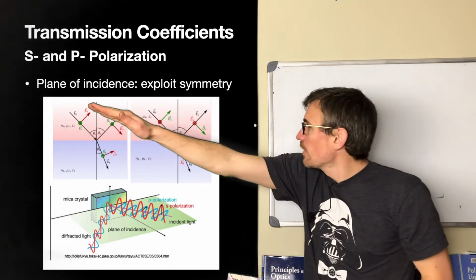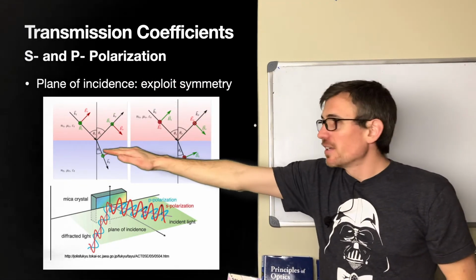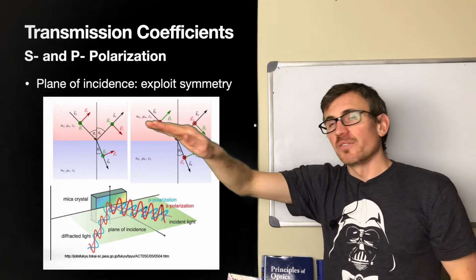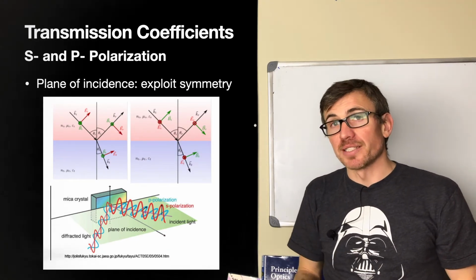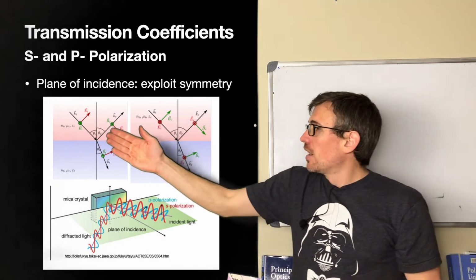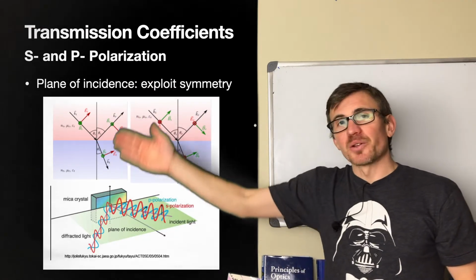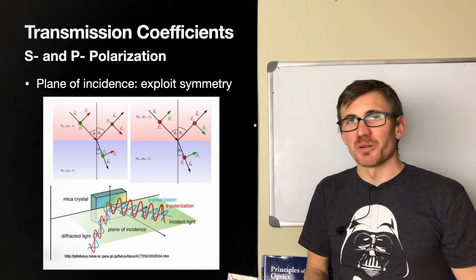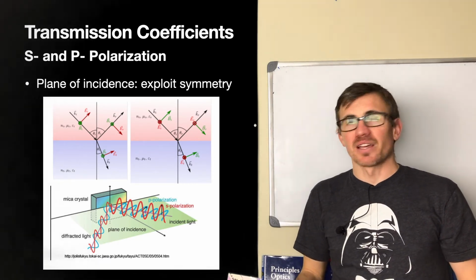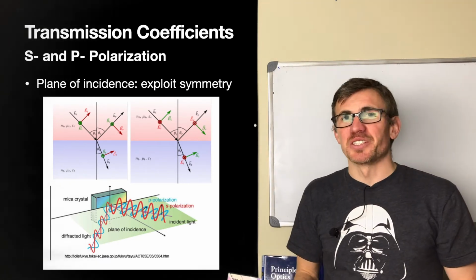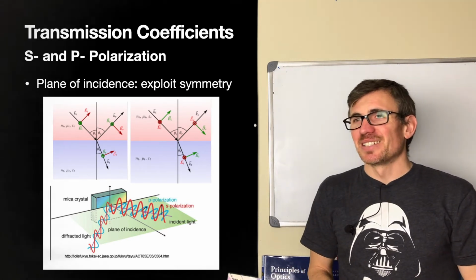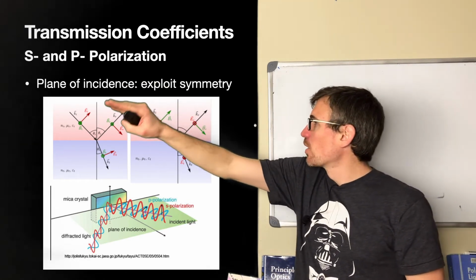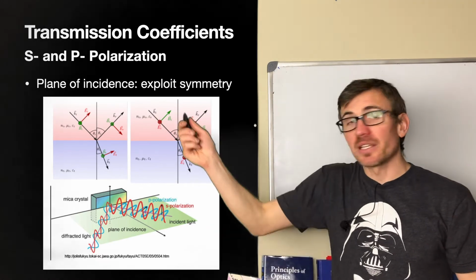If the light is wiggling along the plane of incidence, we call that P polarized light. If it's perfectly perpendicular to that plane, we call it S, from senkrecht, I think, which is German for perpendicular. So we have P for along the plane of incidence, S for perpendicular to that plane.